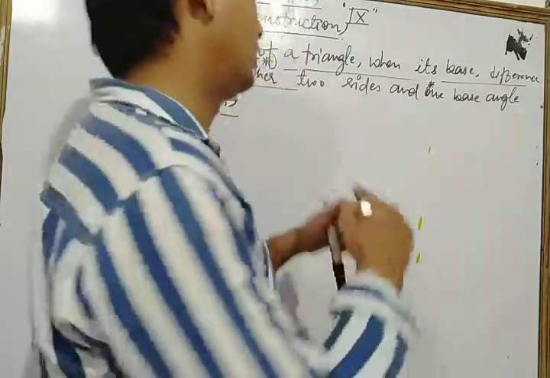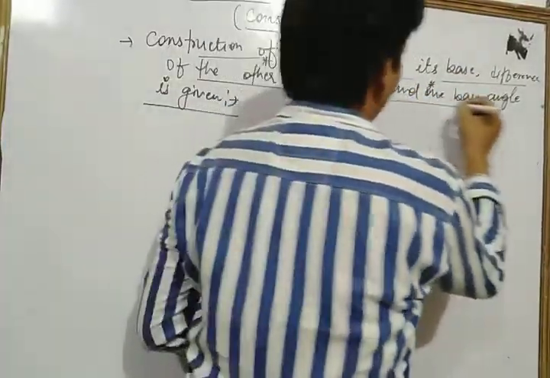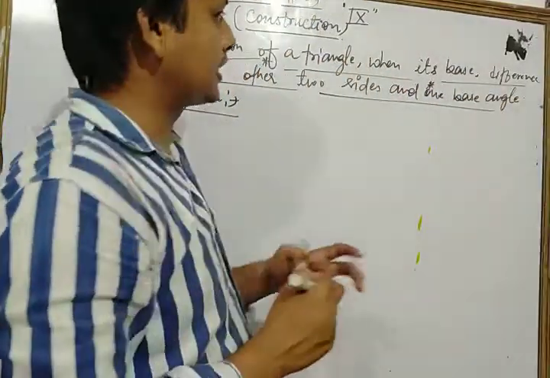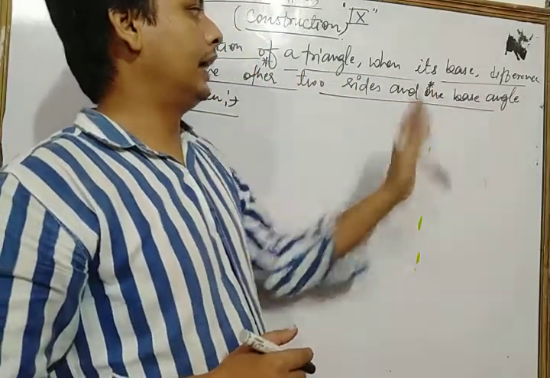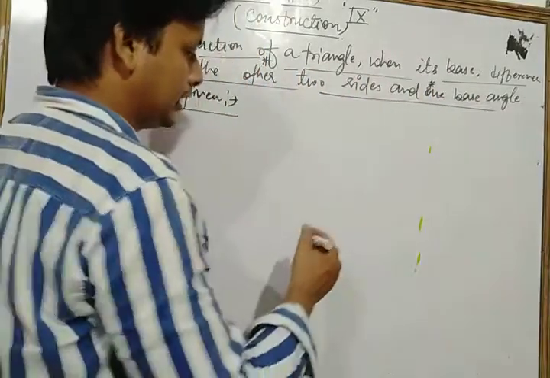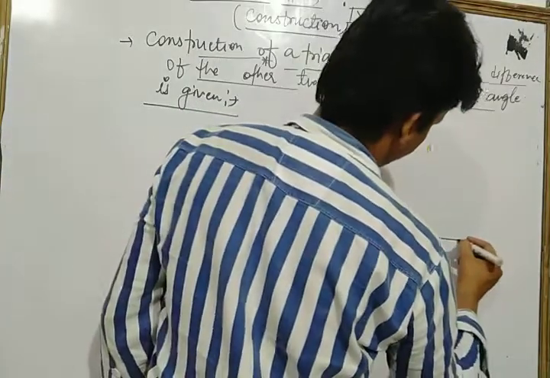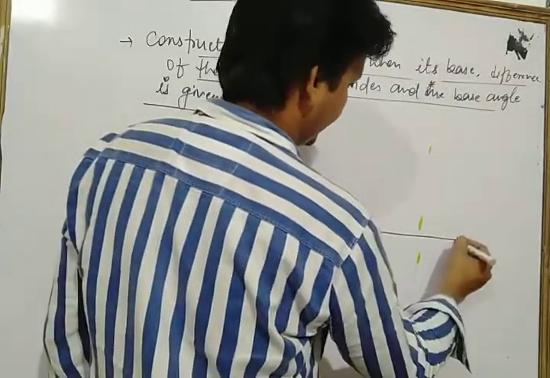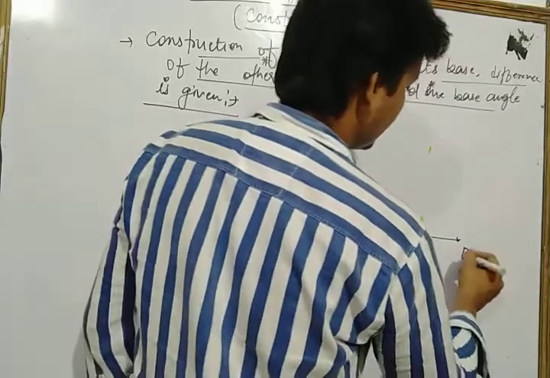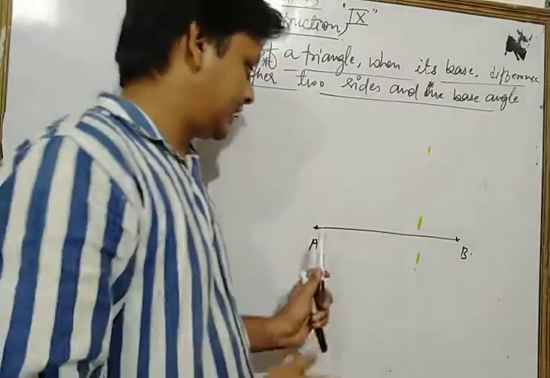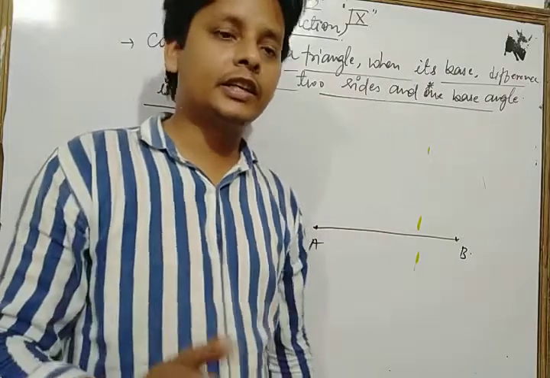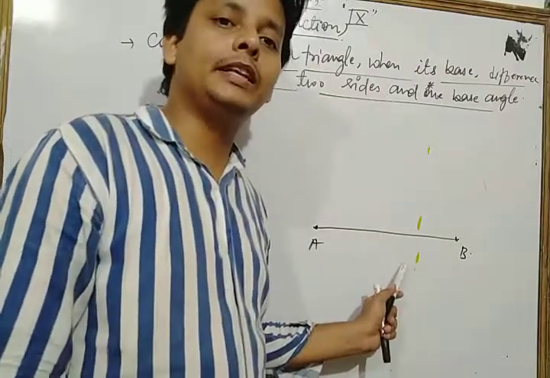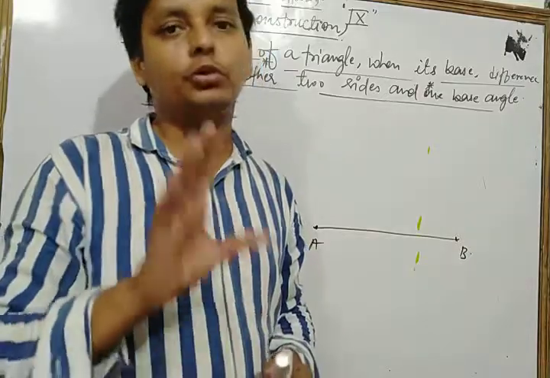First of all, in order to construct a triangle when its base, difference between the other two sides and one base angle are given, we draw the base of the given triangle. Suppose AB is the base of the given triangle, and the length of its base is always given in your question.